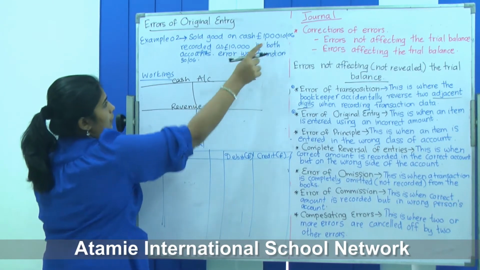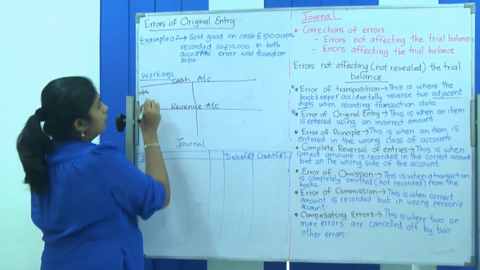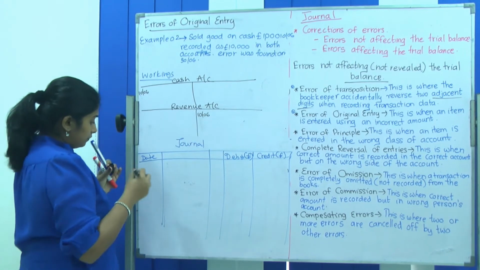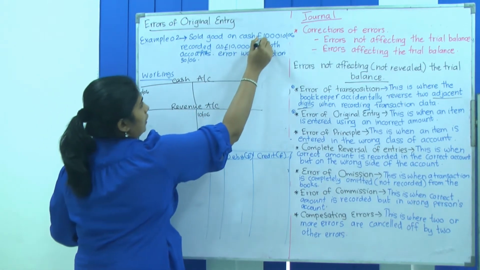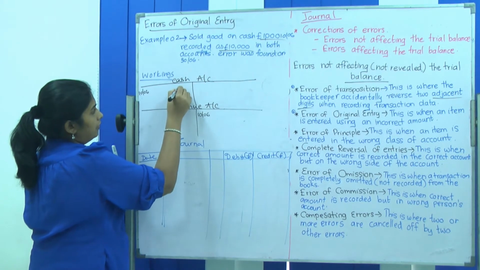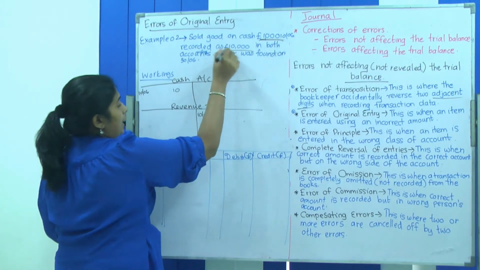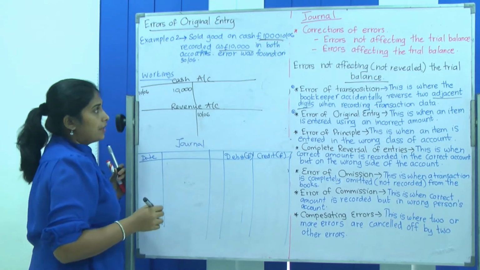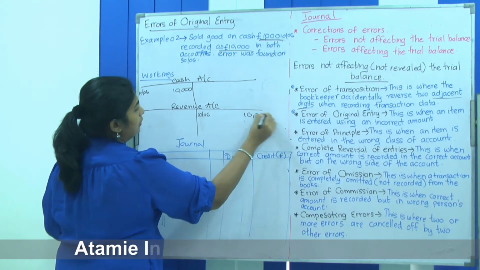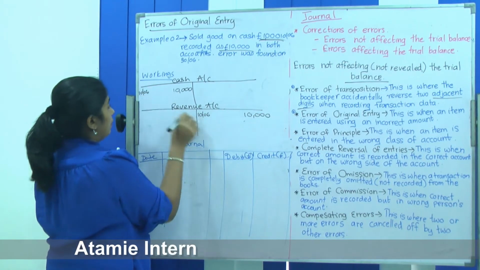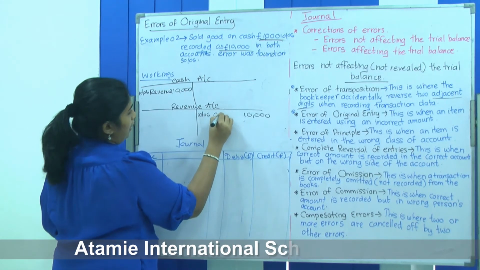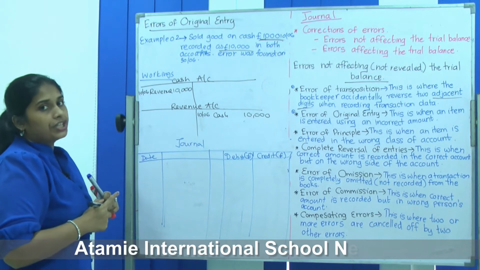Okay, so when you sold goods on 10th of June, instead of 1,000 he has debited 10,000. He has debited 10,000 to the cash account and he has credited 10,000 to revenue account. So here revenue, here cash.